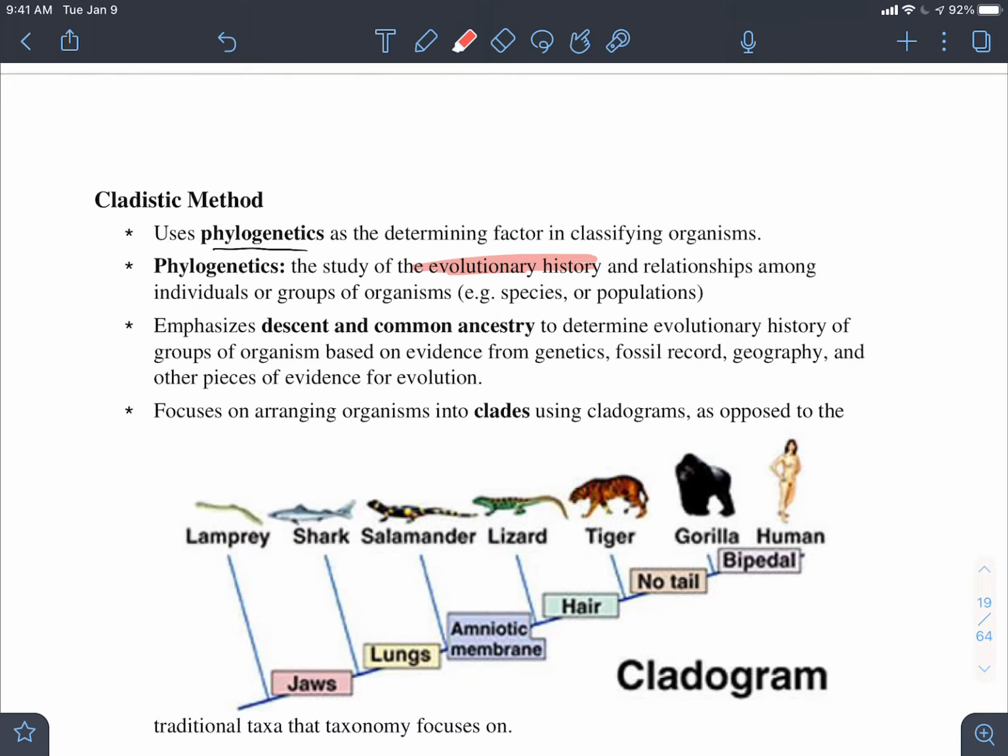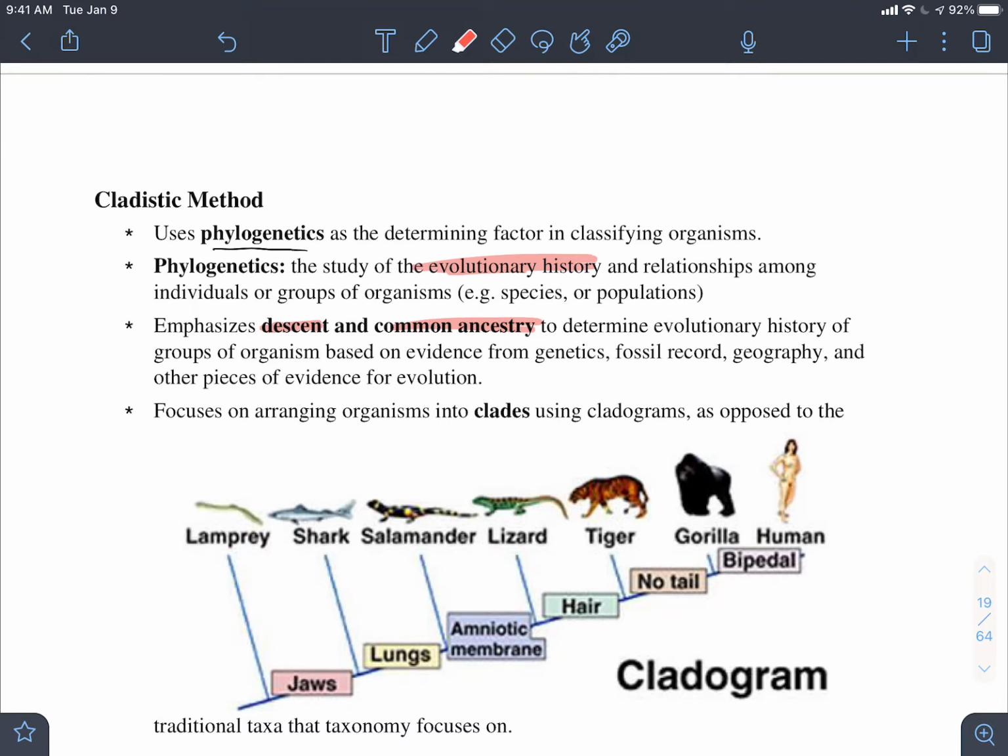In this way, they look at characteristics, but they emphasize this idea of descent and common ancestry, the idea that all organisms have evolved from only a few types of organisms.